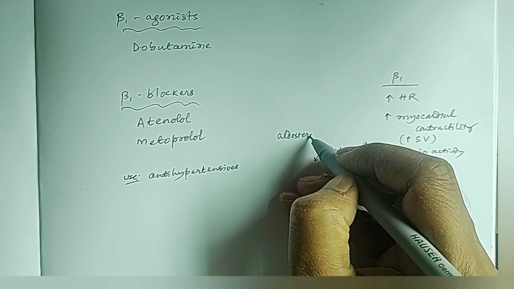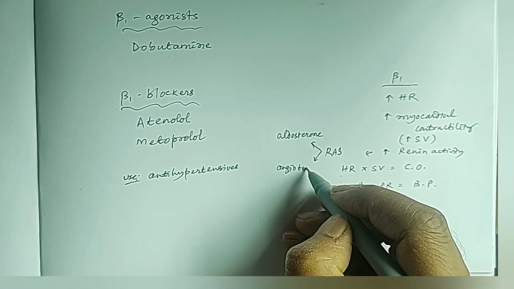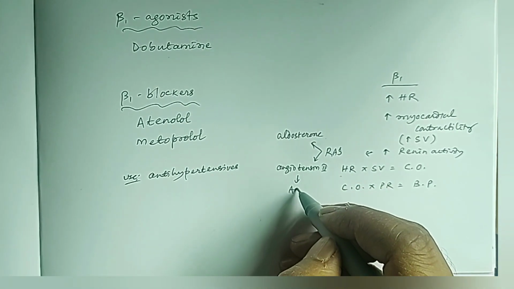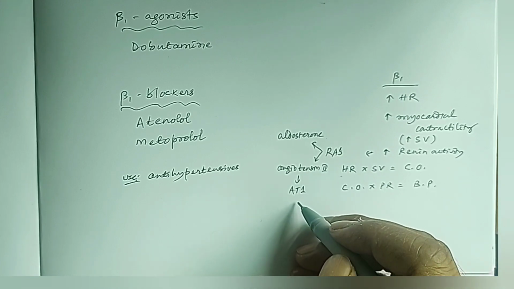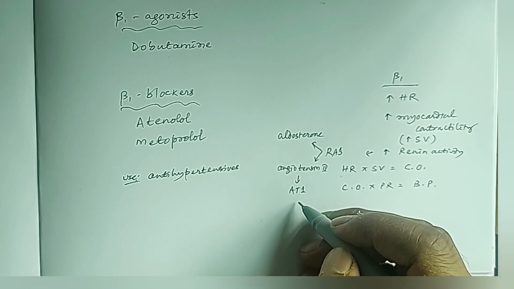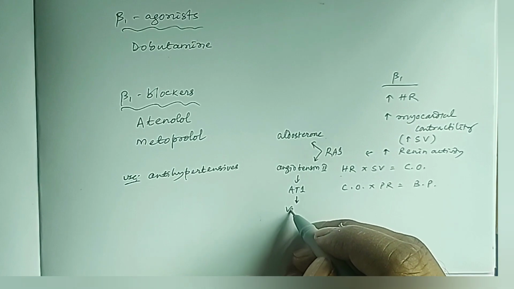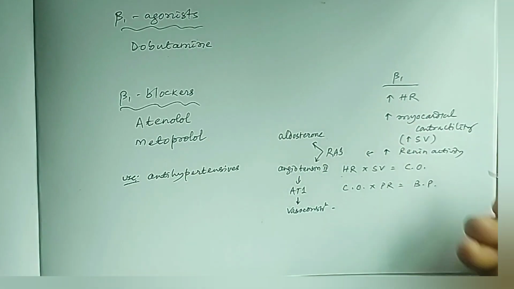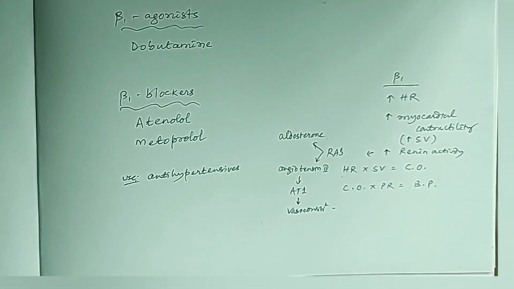Aldosterone causes salt and water retention, and the other is angiotensin 2, which acts on AT1 receptor to cause vasoconstriction. So AT1 receptor in blood vessels causes vasoconstriction, and peripheral resistance increases. So in this way also blood pressure increases, and hence we can use the beta-1 blockers as antihypertensives.